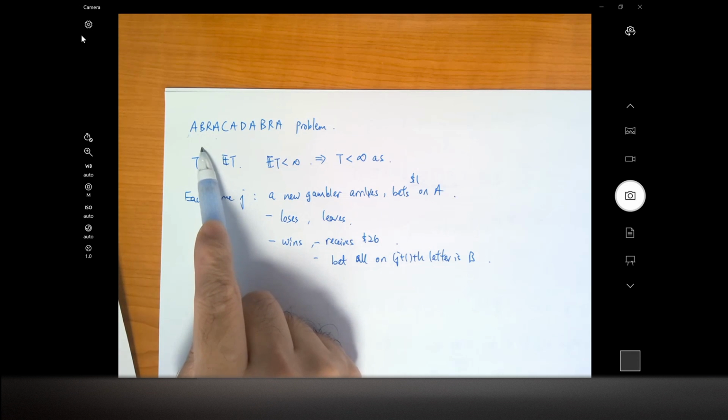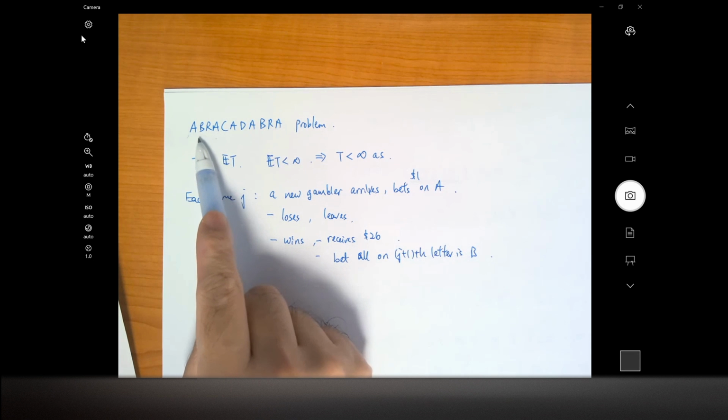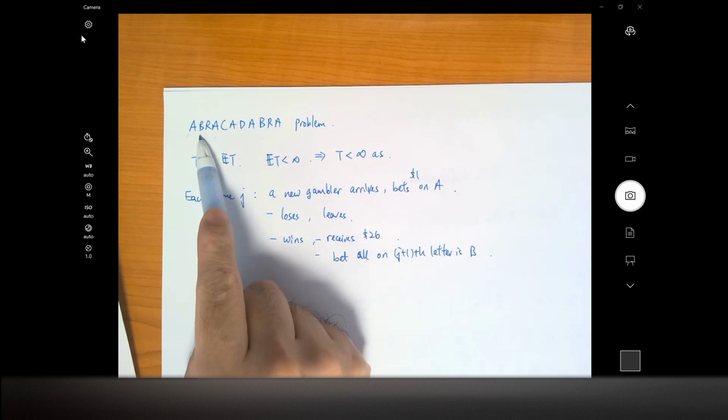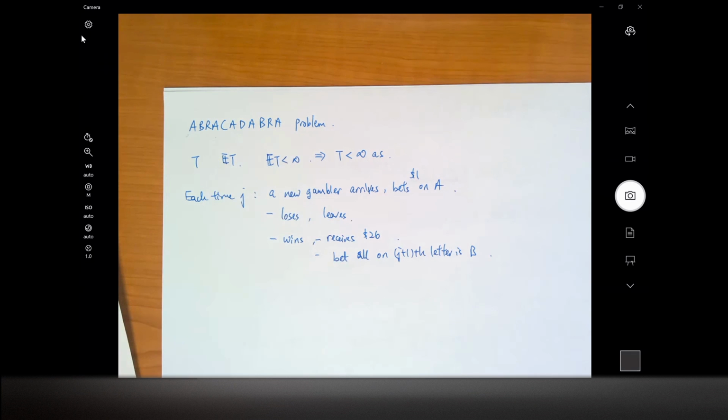The second gambler will bet A while the first gambler will bet B. Sorry, so at the second time, let's say the monkey types the letter C. That means both gamblers will lose, then both of them will leave. Then at the third time slot, the third gambler will come in. So now at the third time slot, there will only be 1 gambler, and so on. Okay, so is that clear?